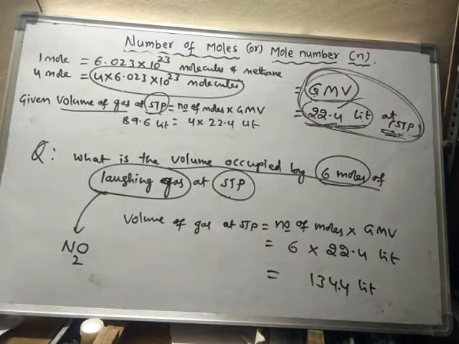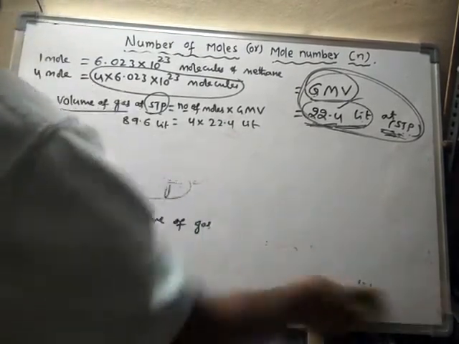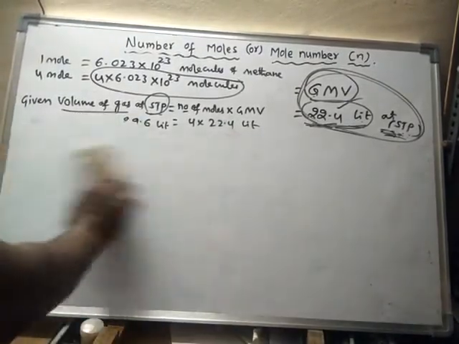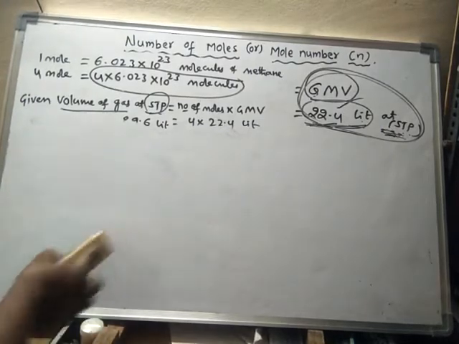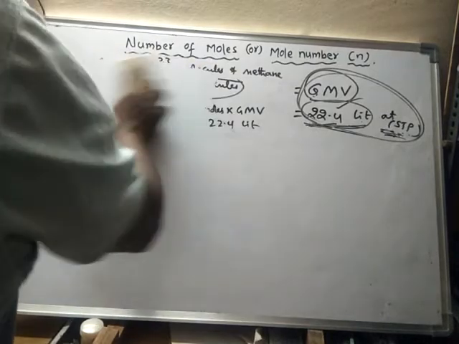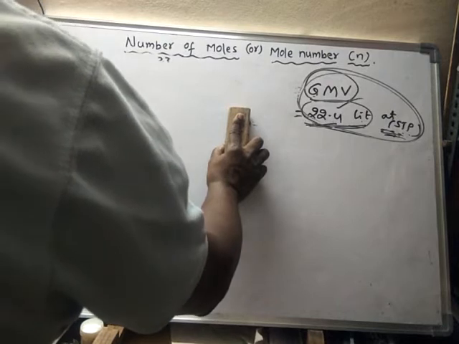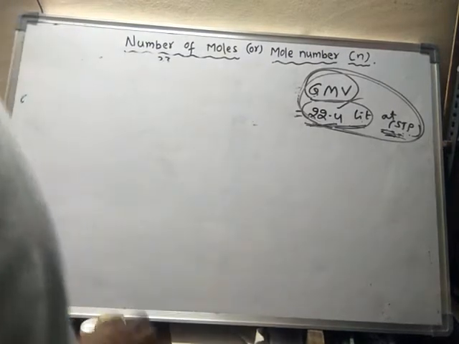Now we will learn the applications of Avogadro's law. First, with the help of Avogadro's law we can explain the Gay-Lussac's law of combining volumes. We can determine the atomicity of a gas.